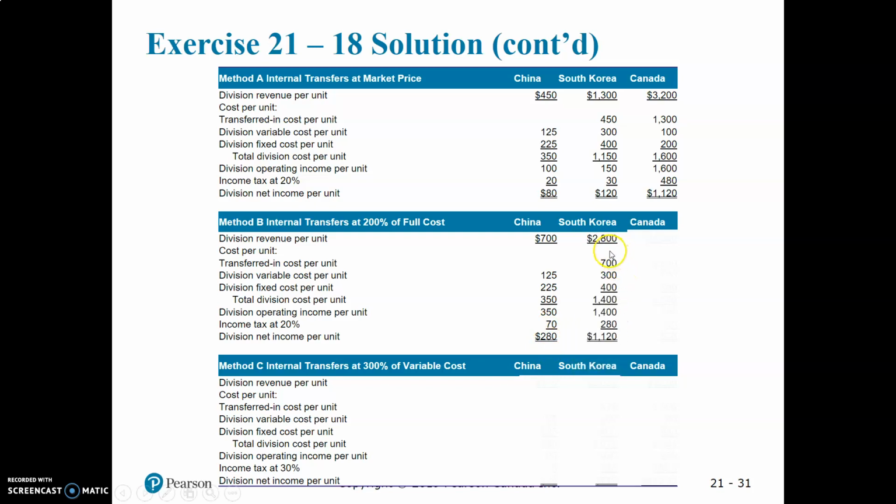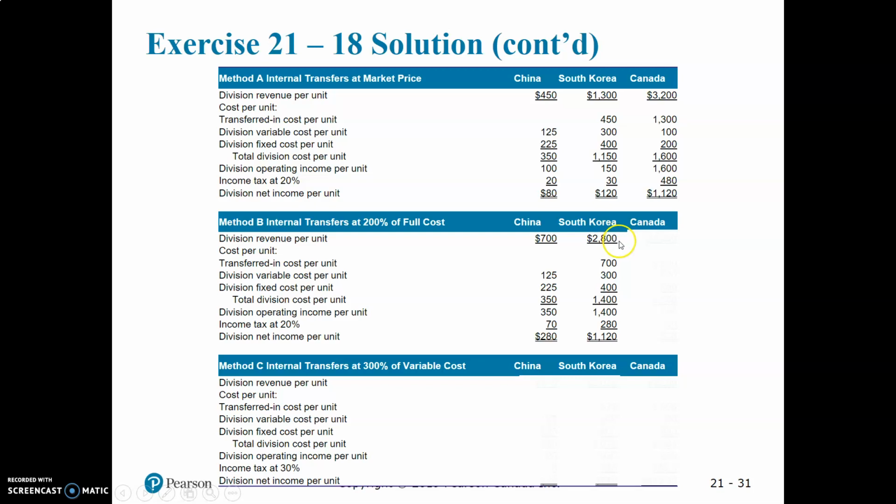Continuing along, for South Korea, we know that the transfer price, so the revenue, is 2,800, again from the previous slide. Now we know that the transfer in cost is 700. Remember, that's what China received from South Korea. So $700 plus the variable cost of 300 and the fixed cost of 400, a total of $1,400 for the division cost.